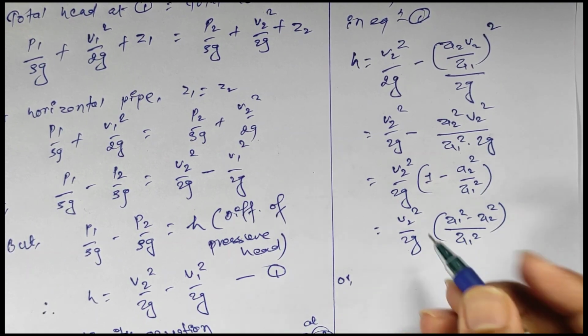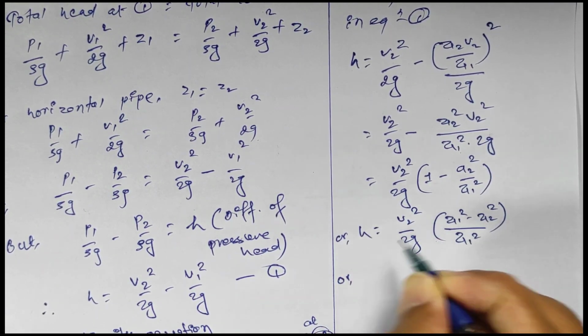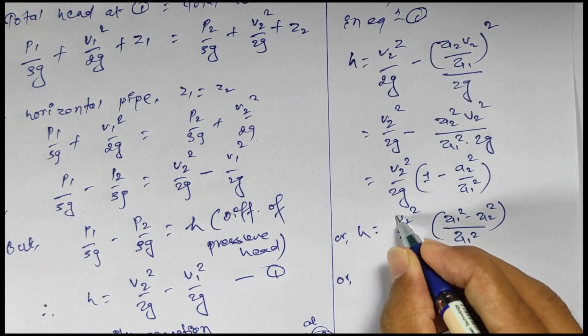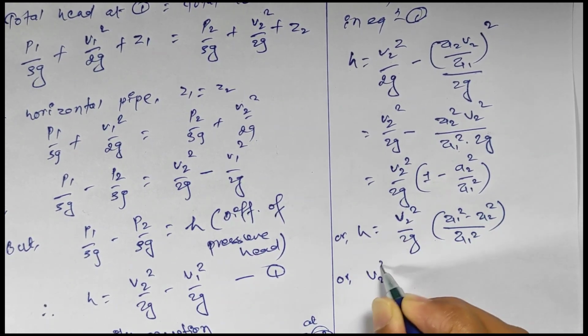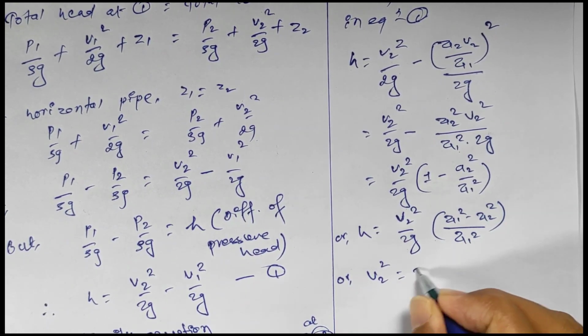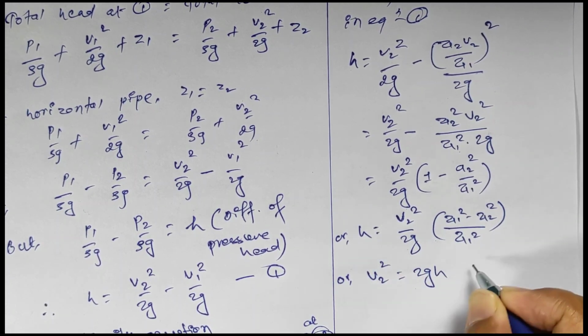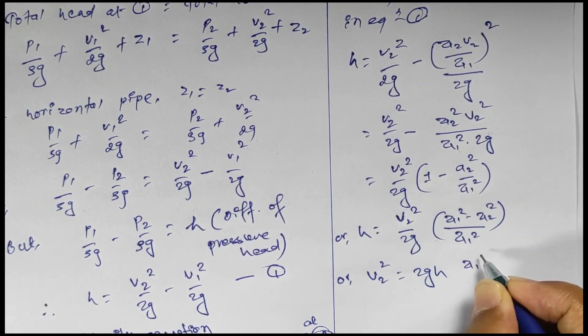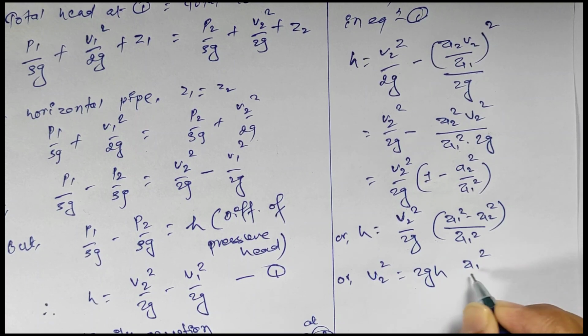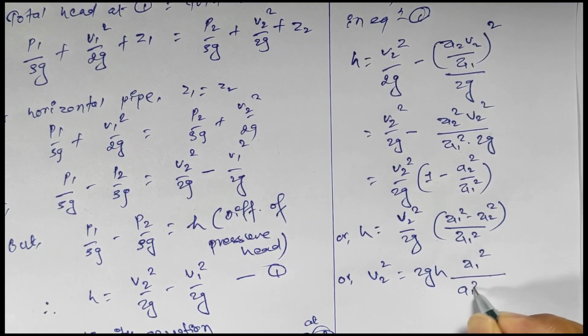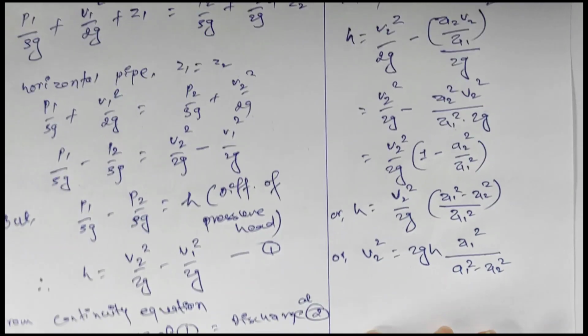Or, this one is the value of H. So, here the value of V2 square will be V2 square equal to 2gH. This one goes in the numerator: A1 square by A1 square minus A2 square.